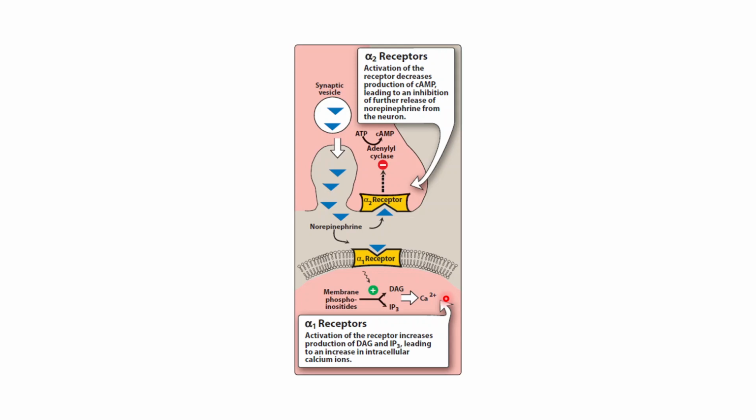Beta receptors are also divided into three major subgroups: beta 1, beta 2, and beta 3.